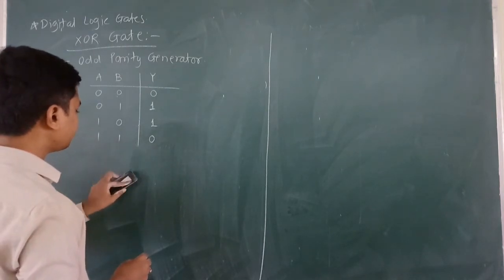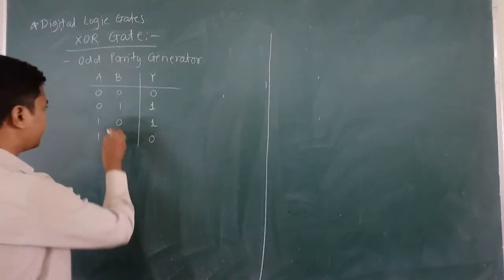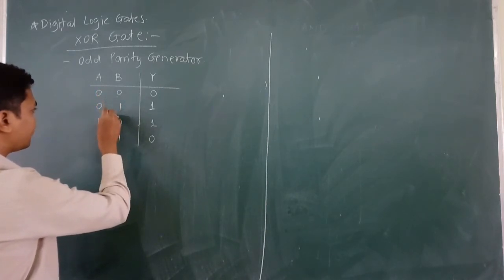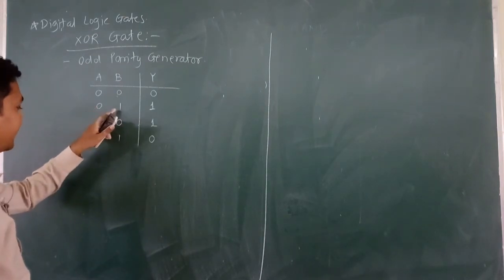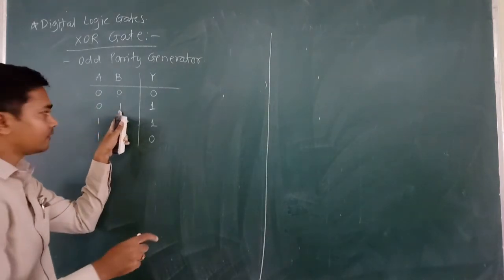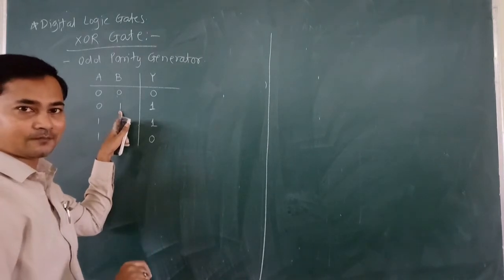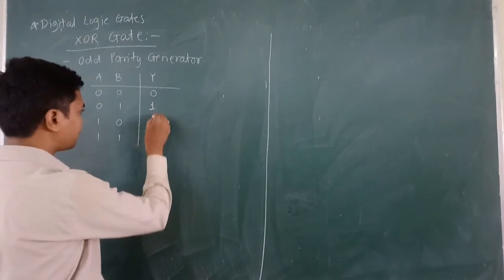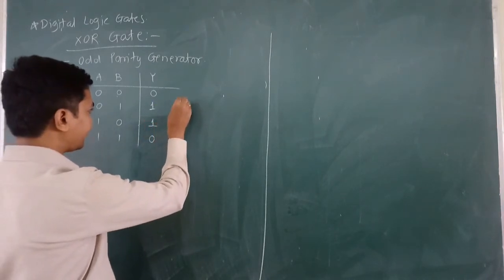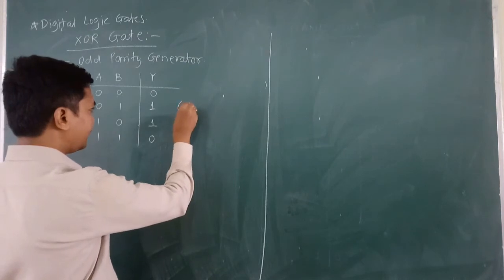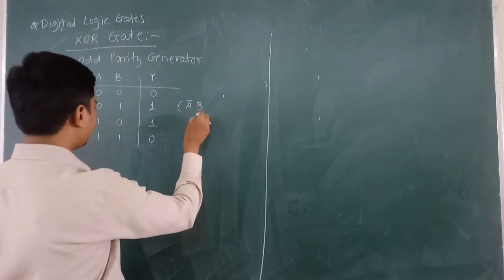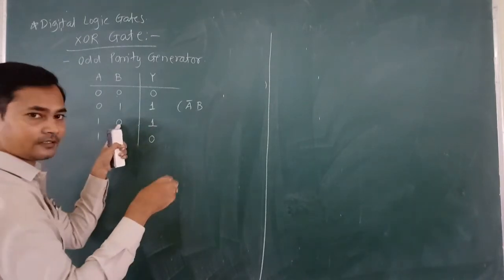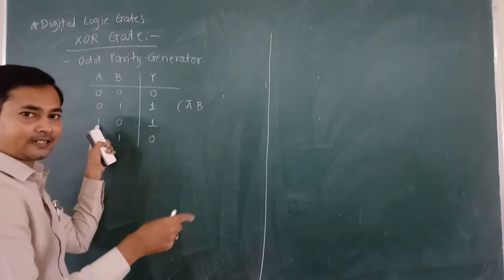This is how we can form the equation. Wherever I have written 0, there I can write A bar, and wherever I have written 1, I write simply A or B. So from the 0 1 row I will write A bar B, and the next one is A B bar. 0 means take the bar of that input, and 1 means take that signal as it is.